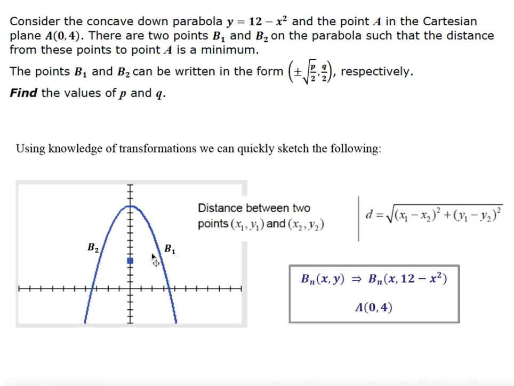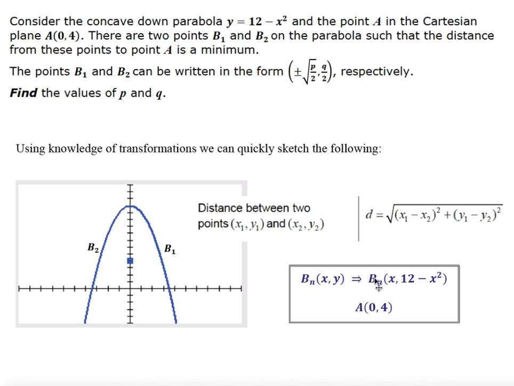So basically, the heart and soul of this kind of analysis, because we're talking about actually minimizing a length or minimizing a distance, you've got in your formula booklet the distance formula. And if you consider that there's just some random x, y values on here, let's think of those values abstractly as x comma y, where of course the y values are always equal to 12 minus x squared.